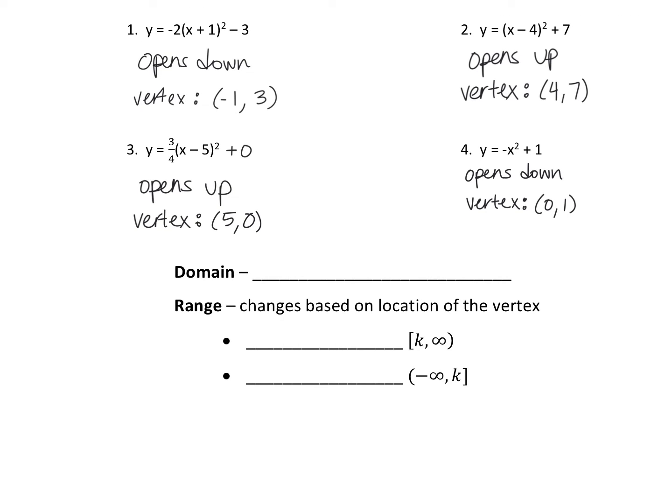Okay, a couple reminders on domain and range. It's going to be like the same kind of thing you saw for absolute value. Domain is all real numbers, which is your reminder, your -infinity to +infinity. The range will change based on the location of the vertex.